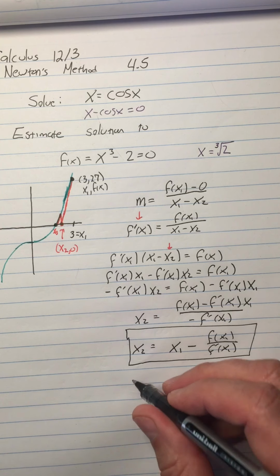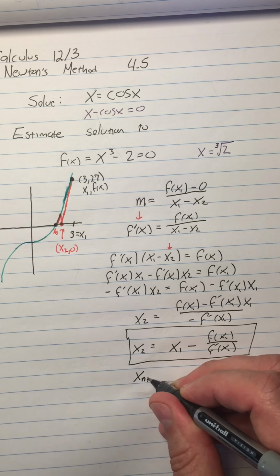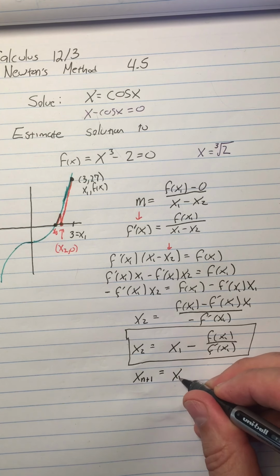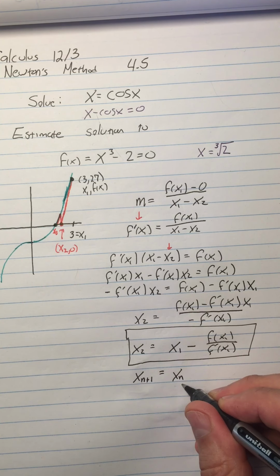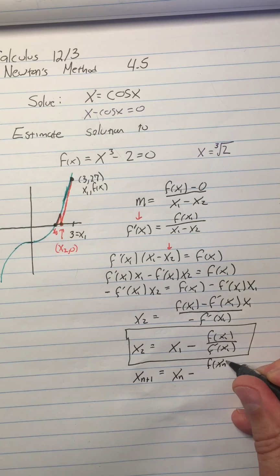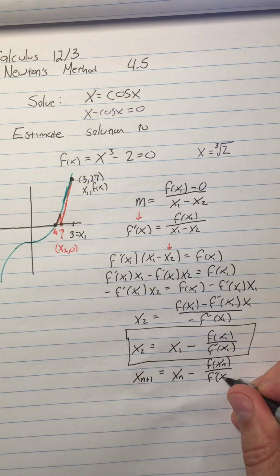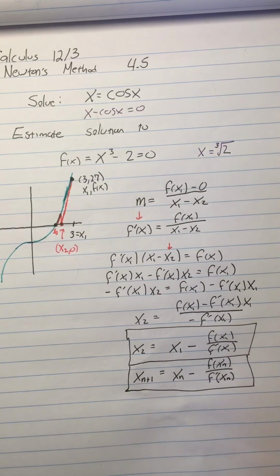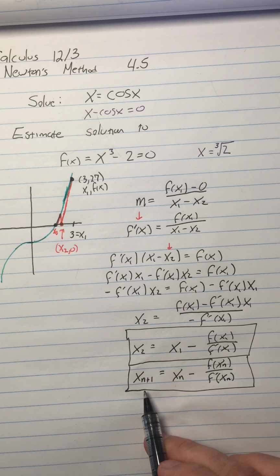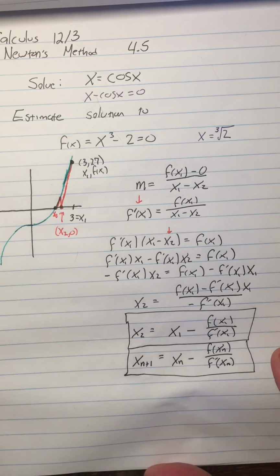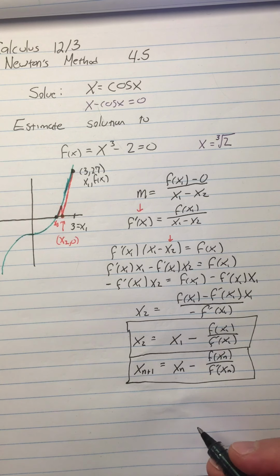So the way we can write that is that the next x, x sub n plus 1, is equal to the x that you have now, x sub n, minus f of x sub n over f prime of x sub n. This is how you're normally going to see it written. All we're doing is replacing the 2 with n plus 1, saying that we can keep doing this process.